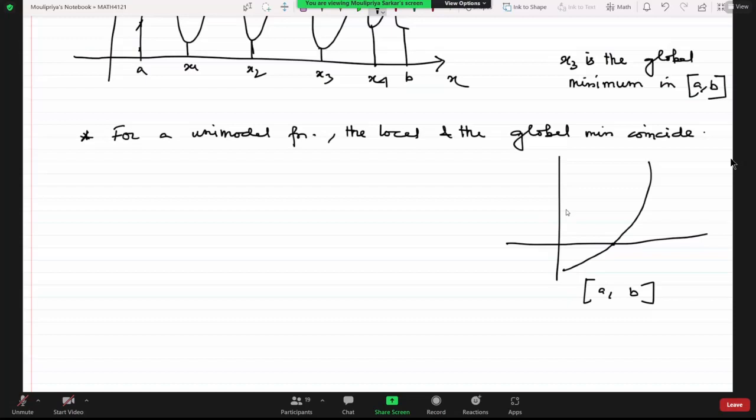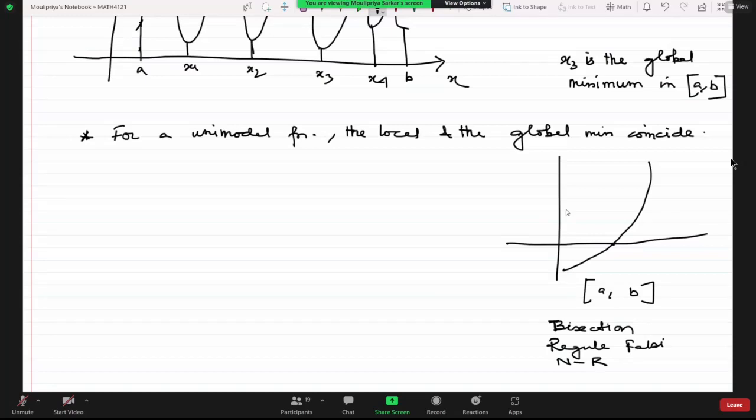How did we choose the interval that is going to bracket the root?